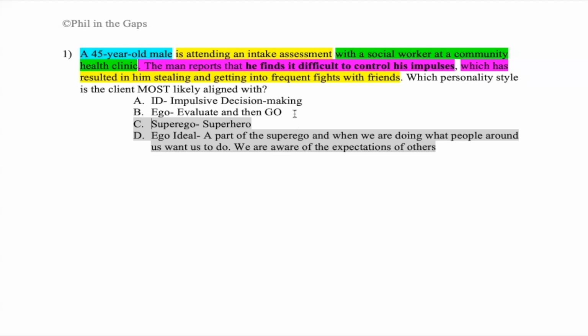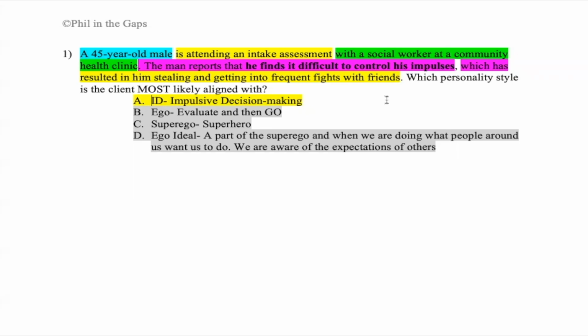We're also going to rule out B based on the fact that this person is making impulsive decisions as well as operating out of that pleasure principle, staying within what is pleasurable versus what society is actually demanding of them. So the correct answer here is A, id, based on the fact they find it difficult to control their impulses and they're stealing and fighting other individuals.